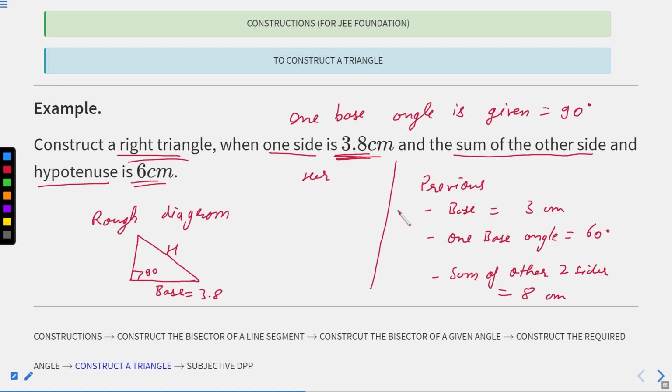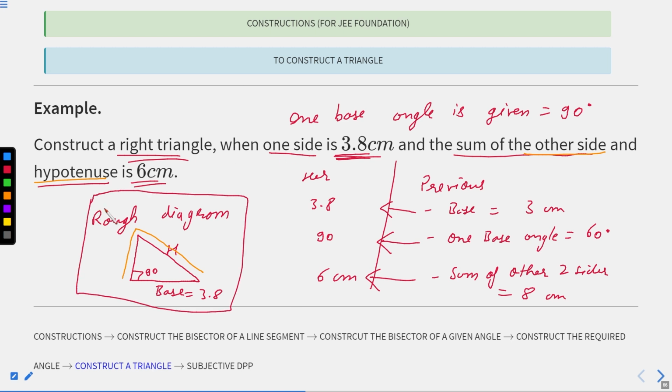Here, the base is 3.8, the base angle is 90 degrees, and the sum of the other two sides, this side and the hypotenuse, apart from the base, is 6 centimeters. I hope you can easily draw this.